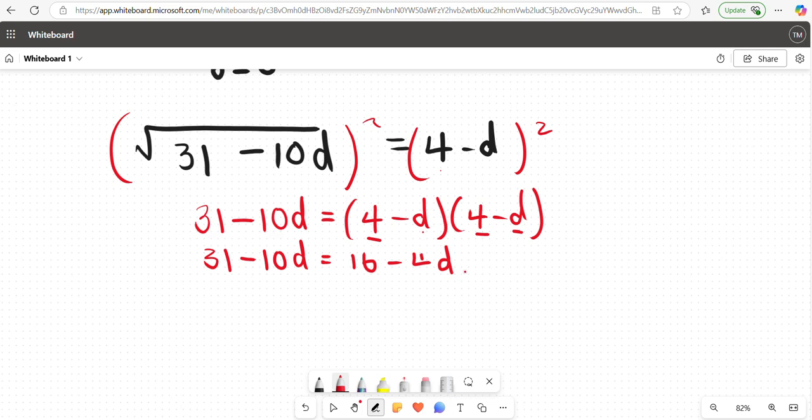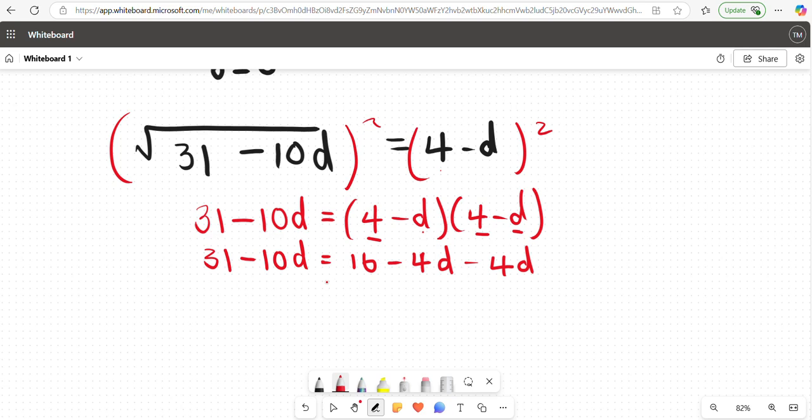Negative d times a 4 is a negative 4d again. And then lastly, a negative d times a negative d is a positive d squared. So we have our positive d squared.